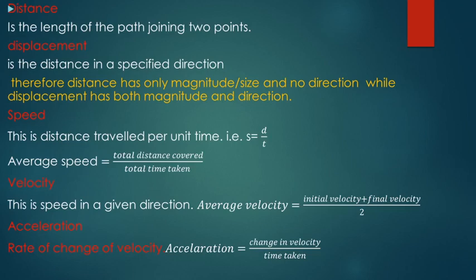Because distance is just a length joining 2 points, and displacement is that distance in a specified direction. Therefore, displacement has both direction and magnitude, or what we call size. But distance has only magnitude with no direction. Hence, displacement is a vector quantity and distance is a scalar quantity.